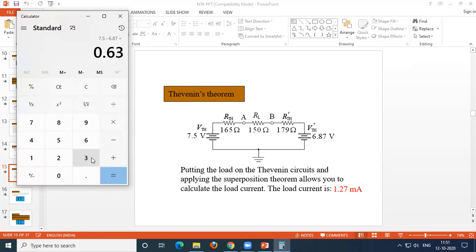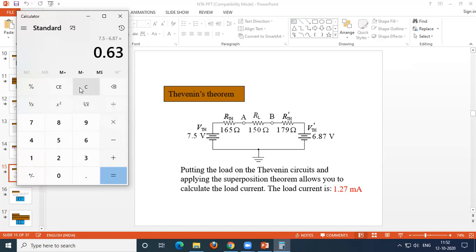Then 0.63 we note down, that is the input voltage. Then 165 plus 150. 7.5 minus 6.87, the value is 0.63.